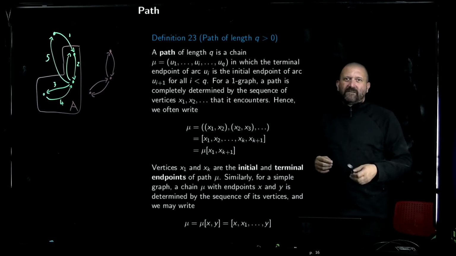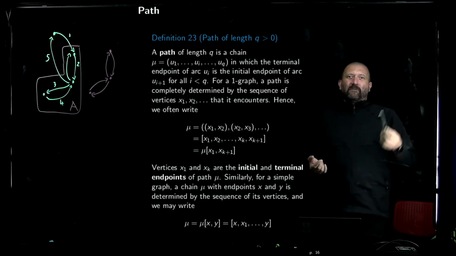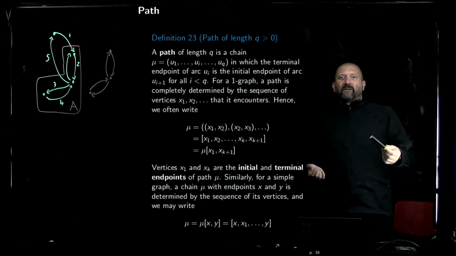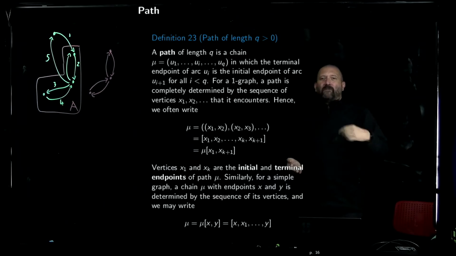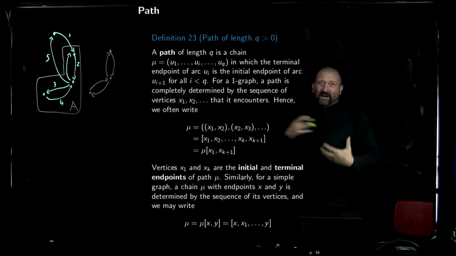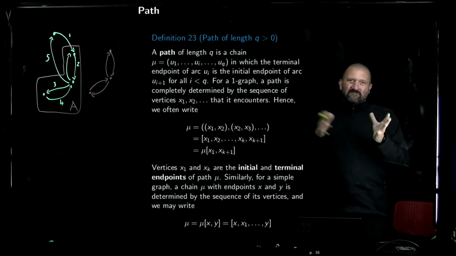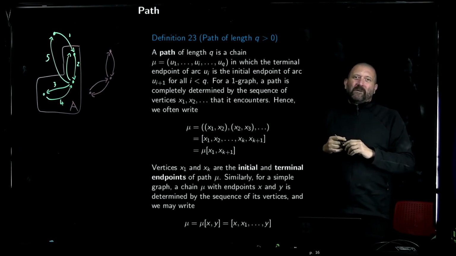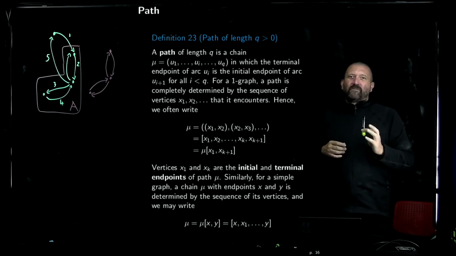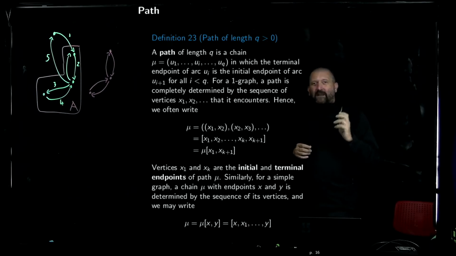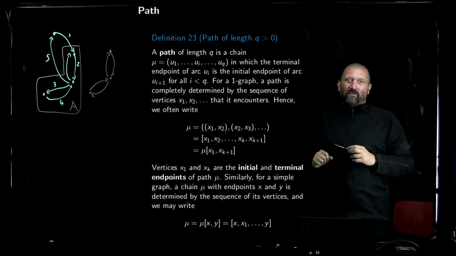Now a path is a chain in which the terminal endpoint of an arc is the initial endpoint of the next arc. It's essentially the same thing as a chain, with very little differences. We're going to use them probably a lot. And we'll use them in 1-graphs, as in the example over there.